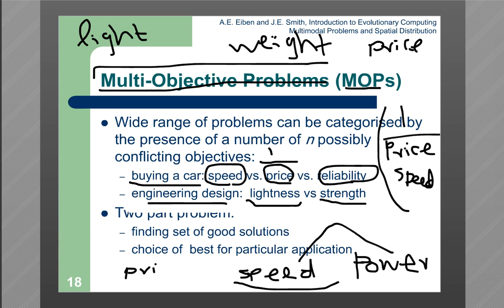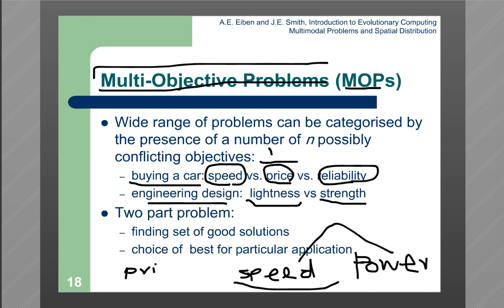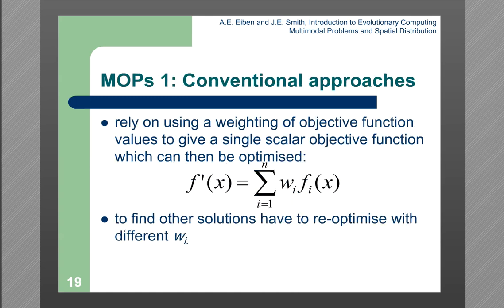For example, we want to buy a cheaper car or lower price with higher speed, because this is opposite. Lower price causes lower speed, but we want to select the best price with the best speed. It is the opposite. We don't have one solution.